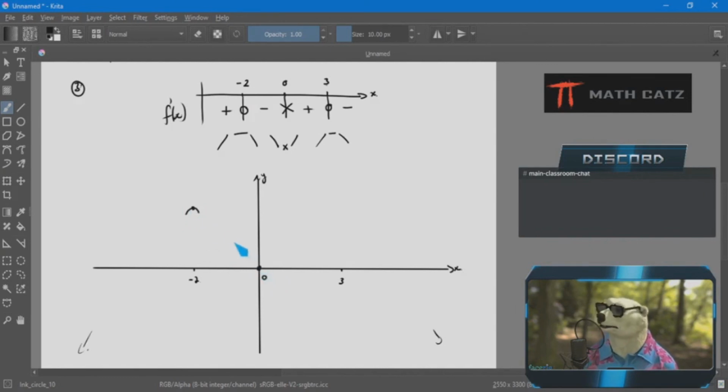Then I'm coming down towards 0 and then back up away from it. A turning point at 3. They don't tell me the y values, so I have the freedom to just position it in a comfortable place. But it has to be above the x-axis. There's no other way, because I'm going up from 0 to it and then down to -infinity eventually.